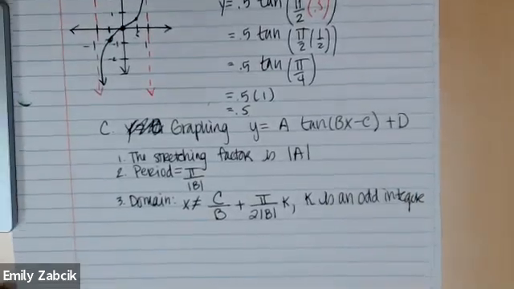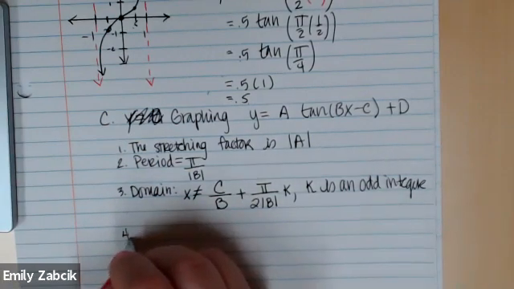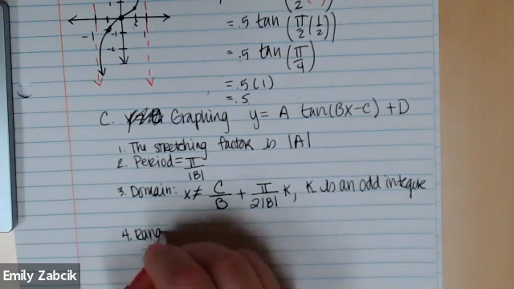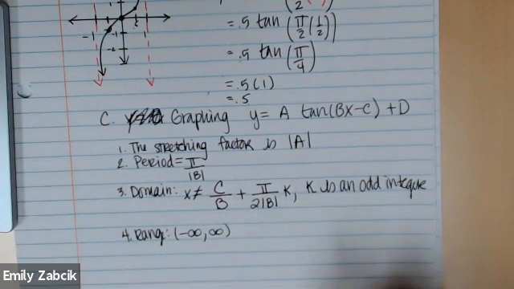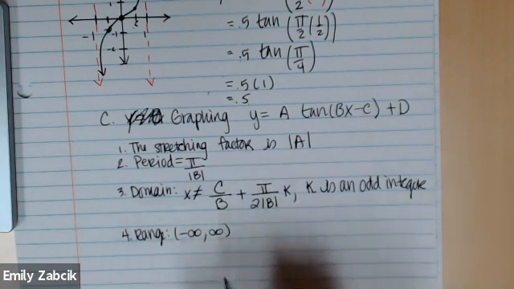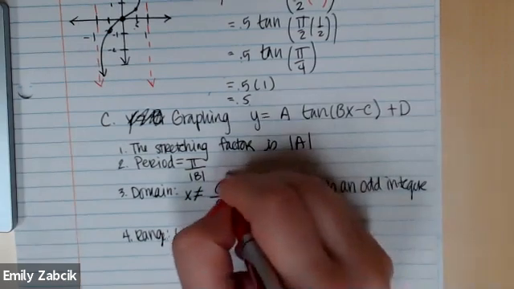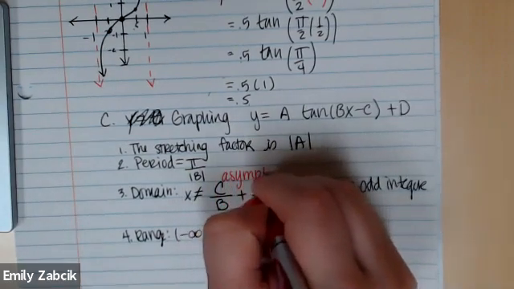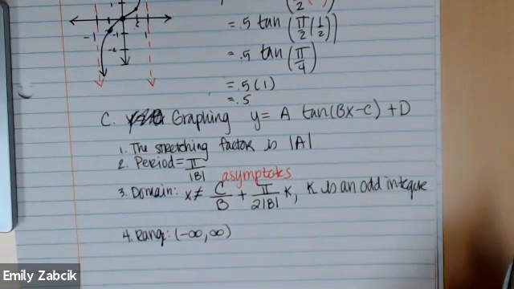So a little bit of changes up there compared to what we did in part B. The range is from negative infinity to infinity. And then we're going to have vertical asymptotes at these values where our domain doesn't exist.